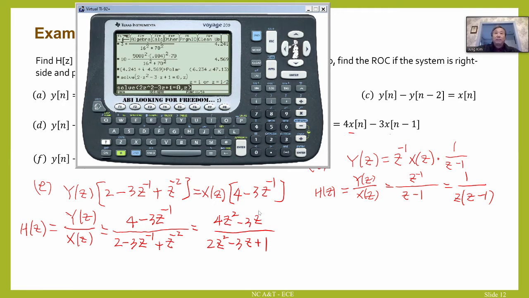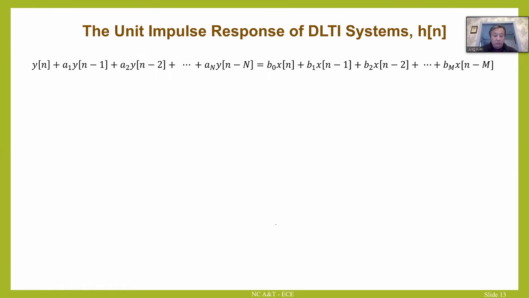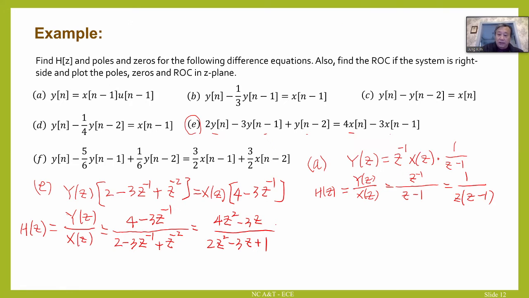So 1 and 1/2. Okay, so this is 4g, and g minus 3/4.